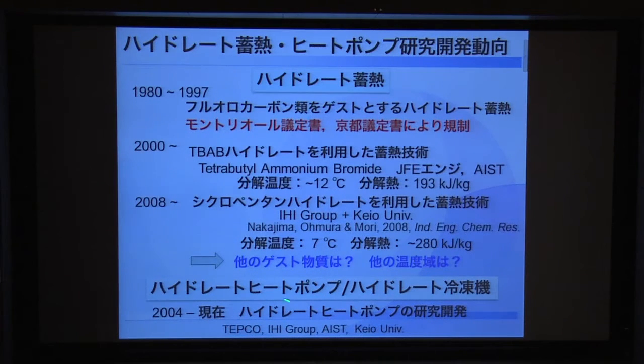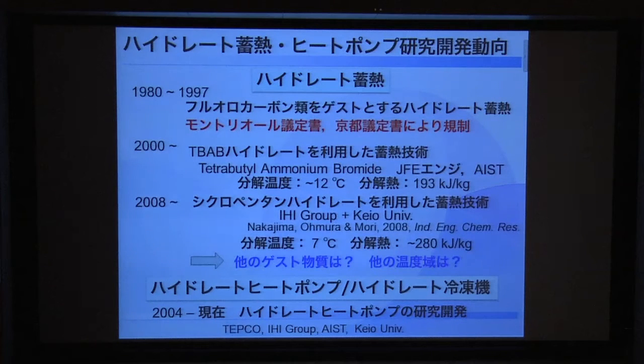Other than thermal storage, we have the other technology, the heat pump, which is a relatively new technology. Several years ago, TEPCO and the IHI Group came to Professor Mori and suggested that a heat pump could be built based on hydrate technology. I was working at ICE at the time and provided support and found out that this was quite feasible.